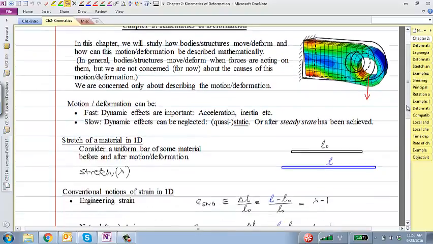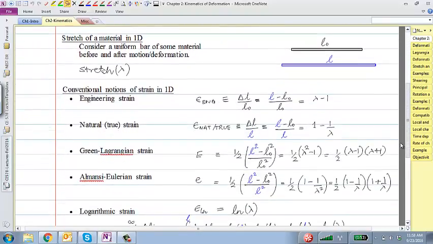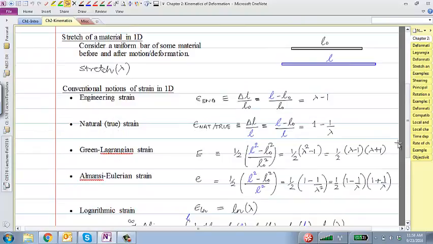With that in mind, let's see some basic definitions of deformation. I'll introduce the concept of the stretch of a material in 1D, and then I'll come to your familiar definition of strain. Let's first define stretch.